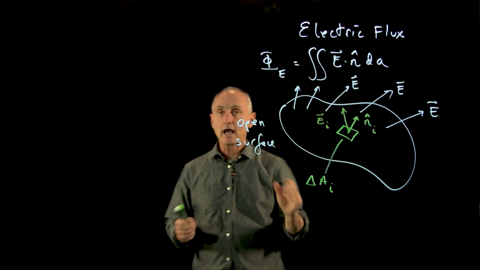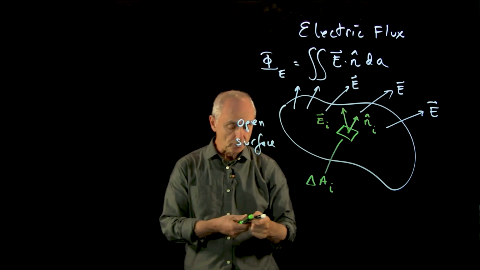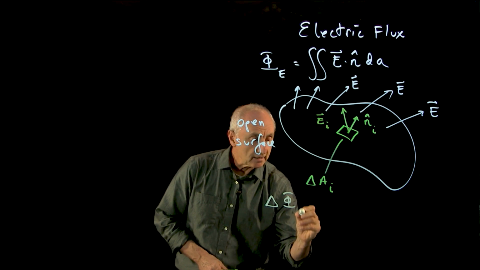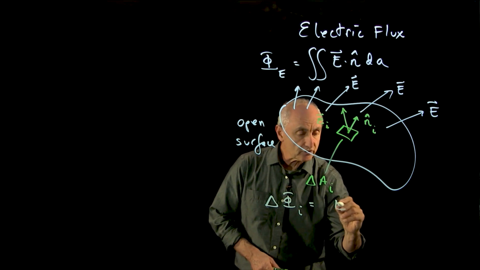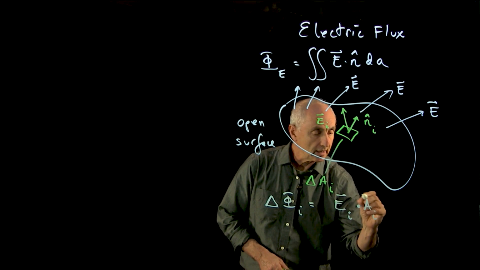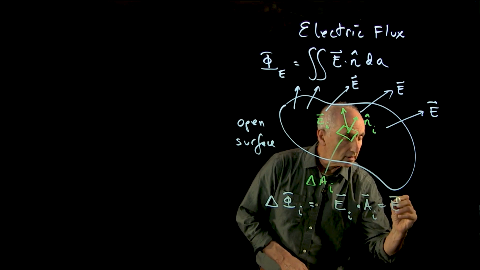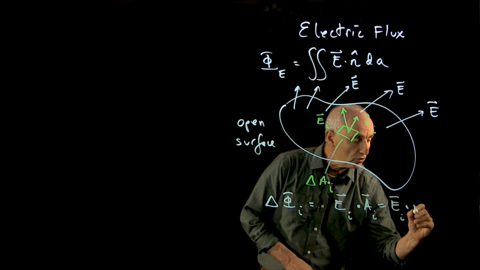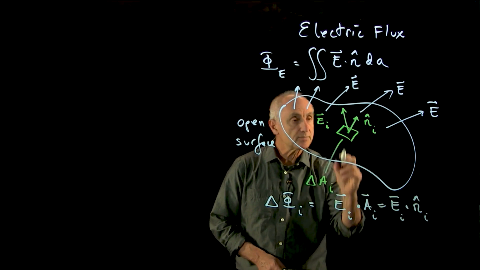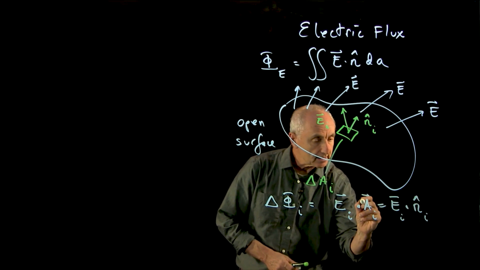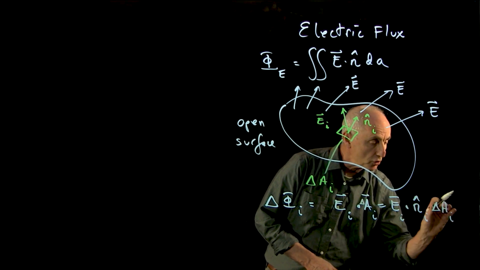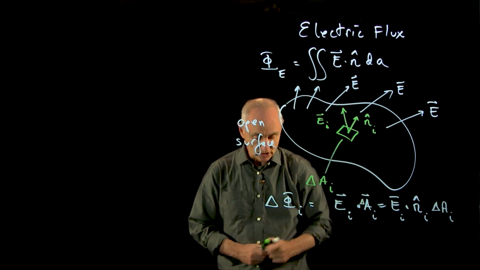Then exactly how we consider the small rectangular patch, the flux delta phi is just the electric field dotted into the area element, which is the electric field dotted into the unit normal n_i times delta A_i, to show that it's a small size patch.